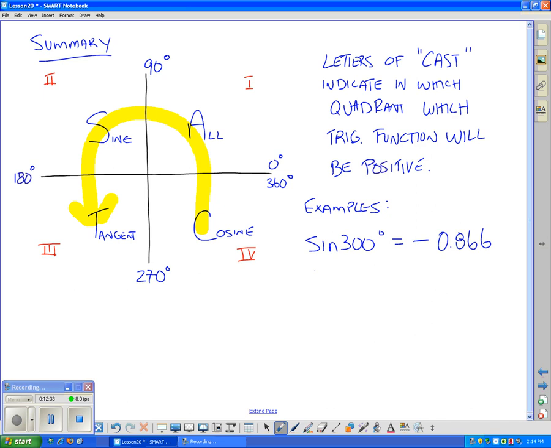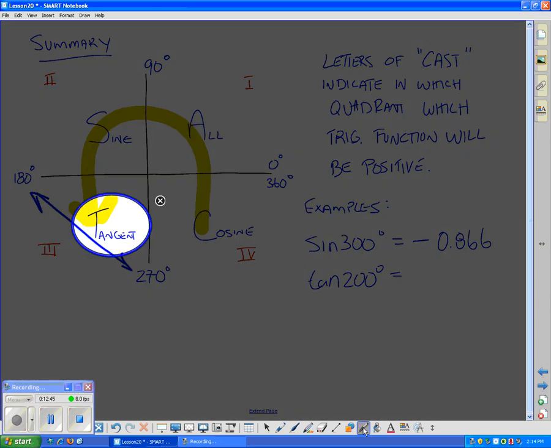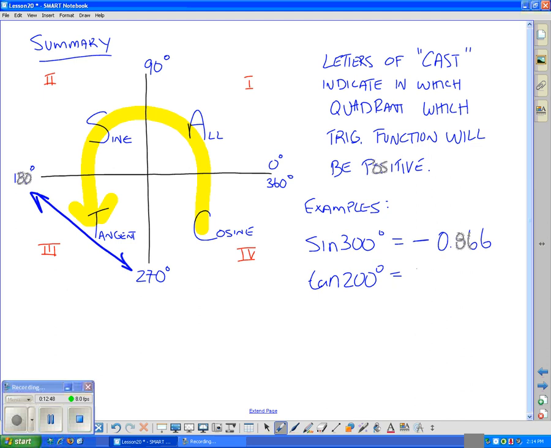If I had tan of 200 degrees, so 200 is between 180 and 270, so it's going to be here. Tangent is positive in quadrant 3, so I know that whatever I punch into the calculator will result in a positive value. So when I do tan of 200, I get positive 0.36.